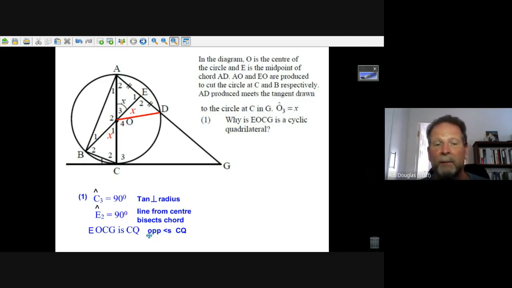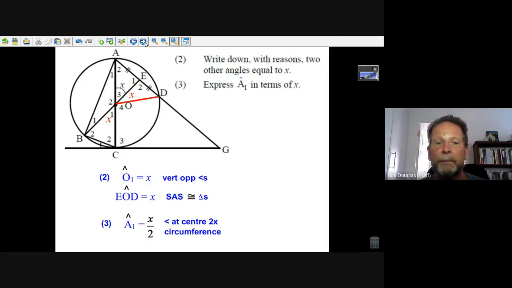And if the opposite angles of a quad add to 180, it means that quadrilateral EOCG must be cyclic. Okay, so there it is. That's why it's a cyclic quad, because we just proved they were both 90 and they add up to 180.